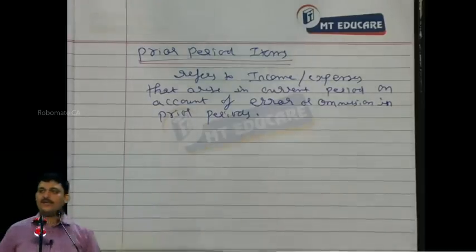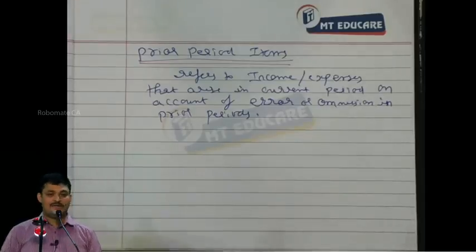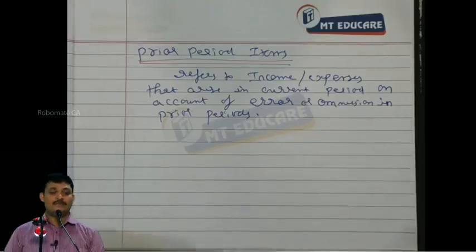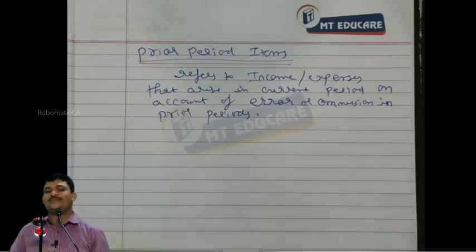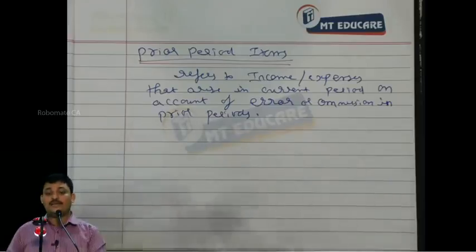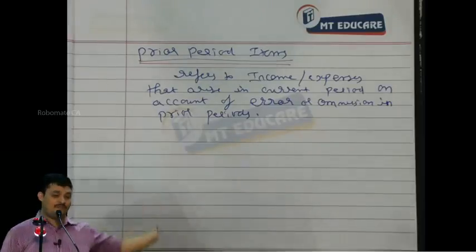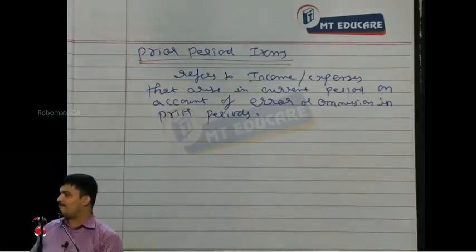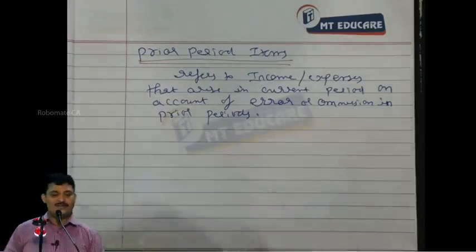Correct. So something had occurred in the prior year which was not discovered in the previous year. When we were scrutinizing the accounts internally one more time, we discovered the error, which does not relate to the current year but to the previous year. So we have to book that loss in the current year.